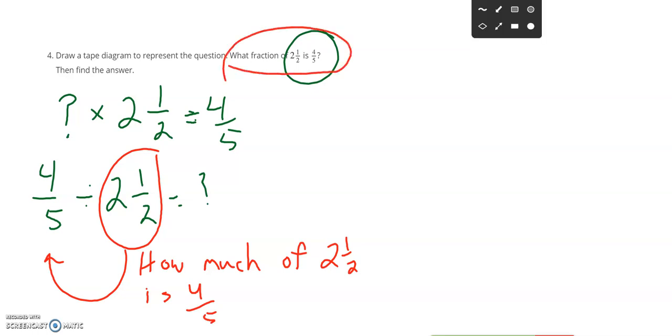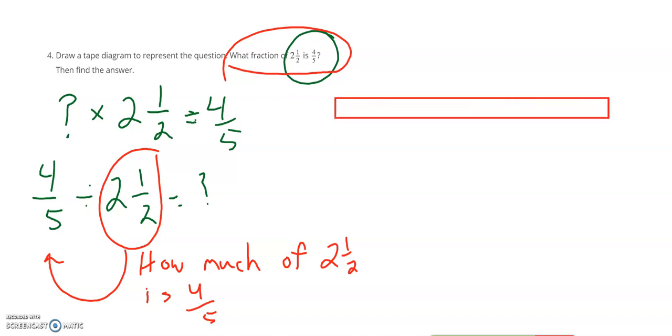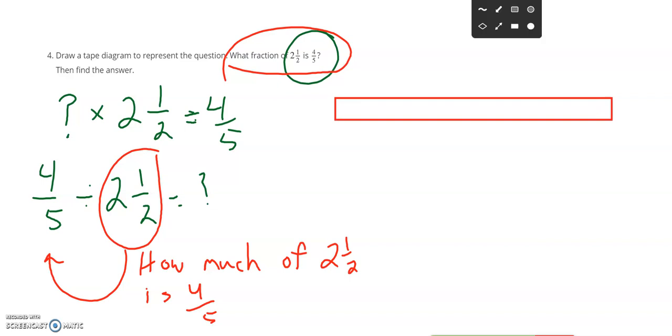So we're asked to draw a tape diagram. We're going to draw both tapes. I think this is the easier way to represent it.